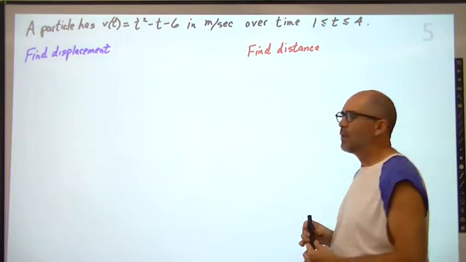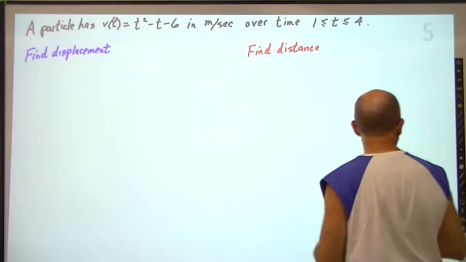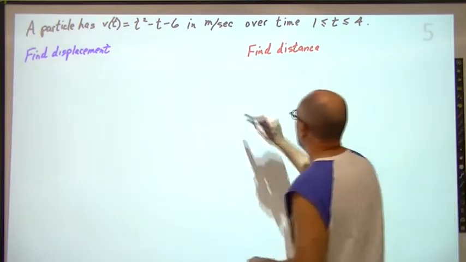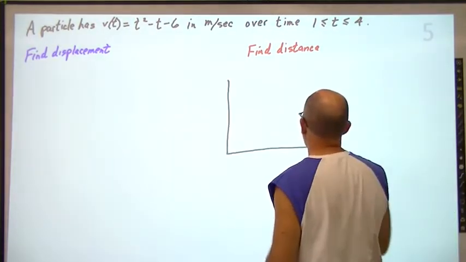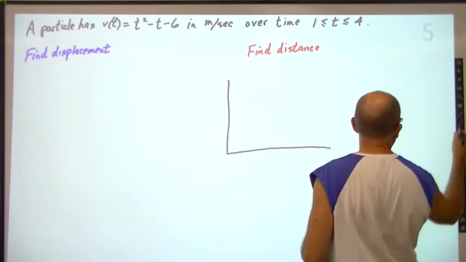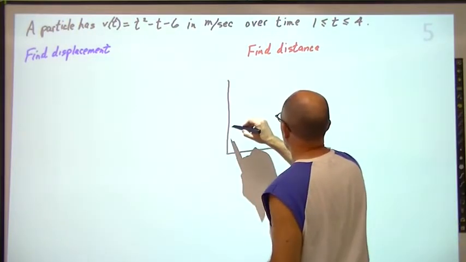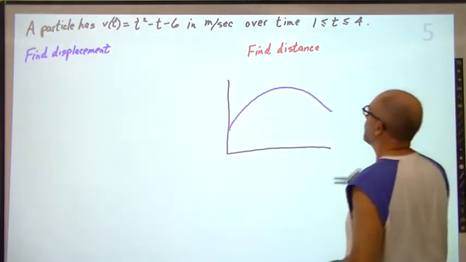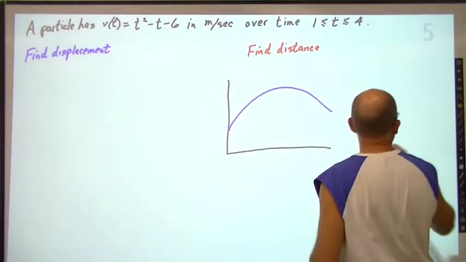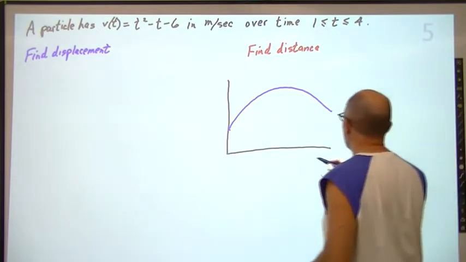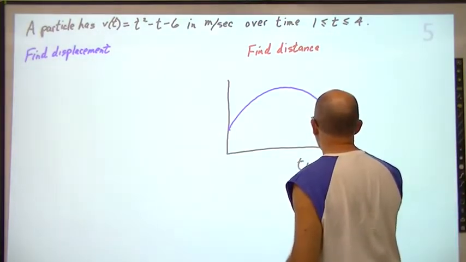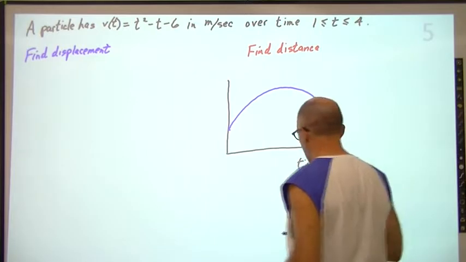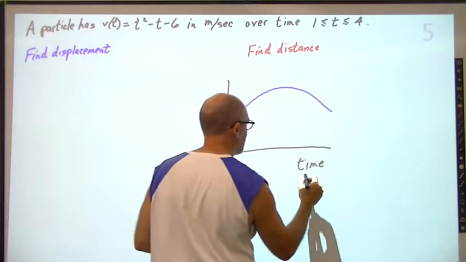Now, first of all, I want to show you in general, if you have a curve, let's see, there's our curve. Now, this is the velocity curve. And so what we're saying is this is time here in seconds.